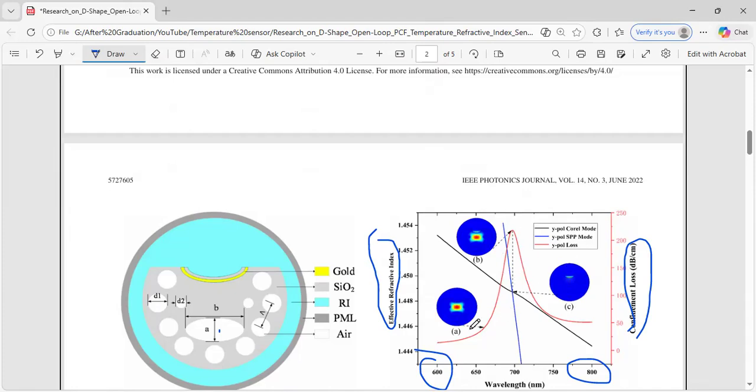So we have to simulate our model for 20 degrees Celsius, from 600 nanometer to 800 nanometer, right? So the light passes through the fiber from 600 nanometer to 800 nanometer.